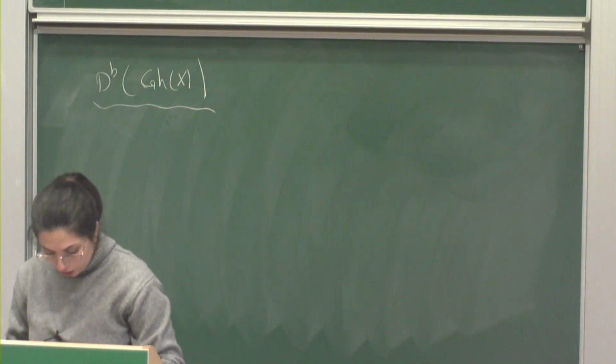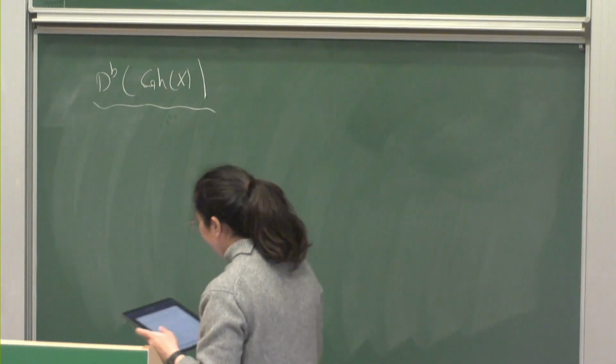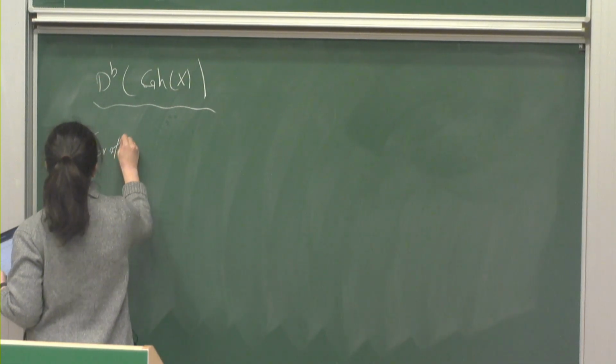Before going to the notion of Bridgeland stability, I only need to say one final thing, which is the Grothendieck group of an abelian category.